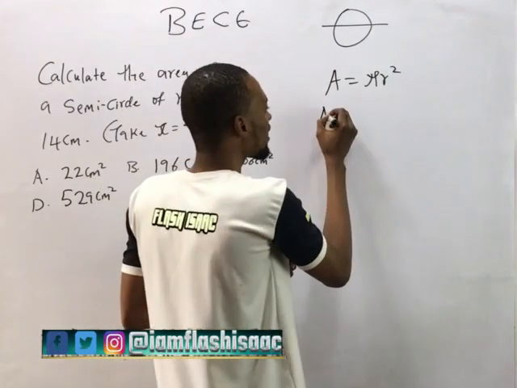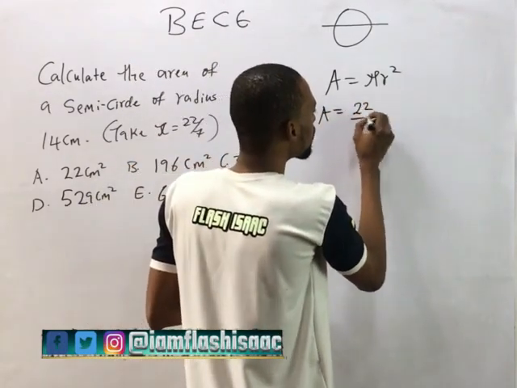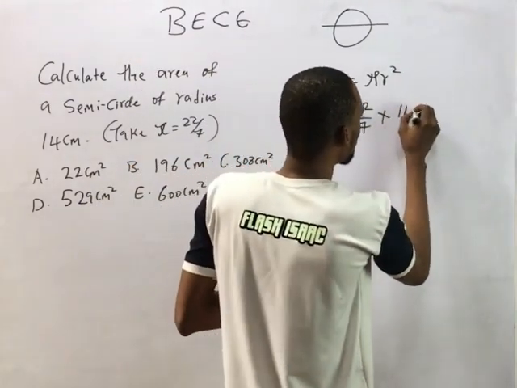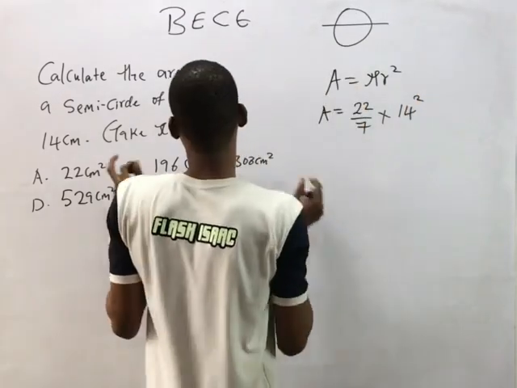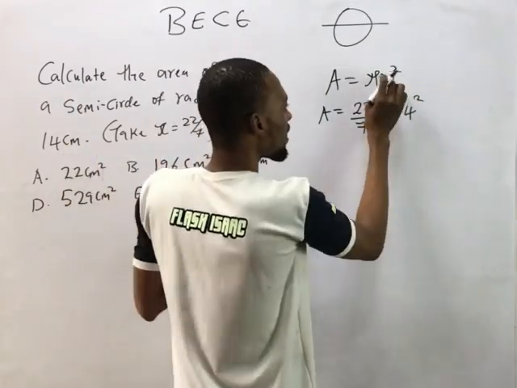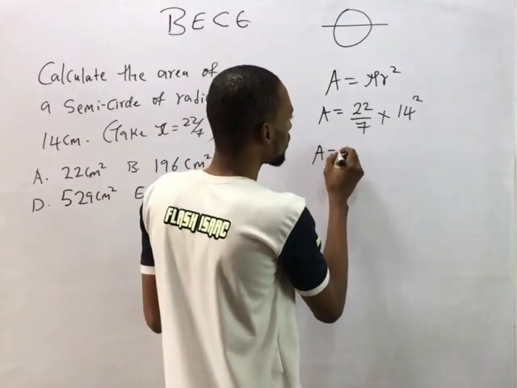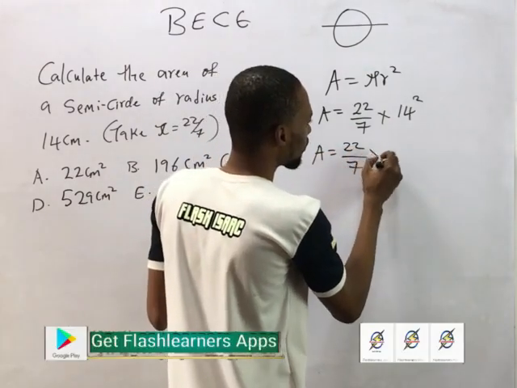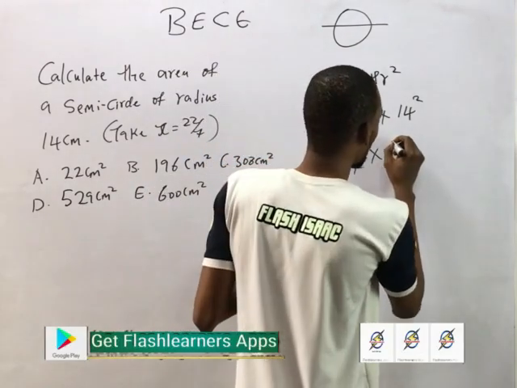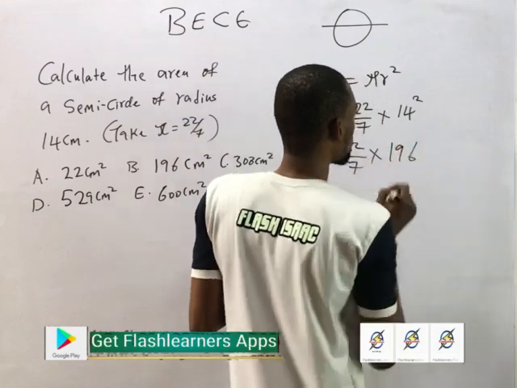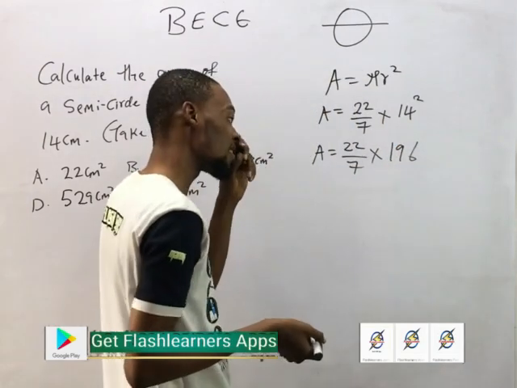This implies that area is equal to 22/7 times 14 square, because the radius is 14 and we are squaring the radius, 14 square. This will simply give you 22/7 times 196, because 14 square is 196.